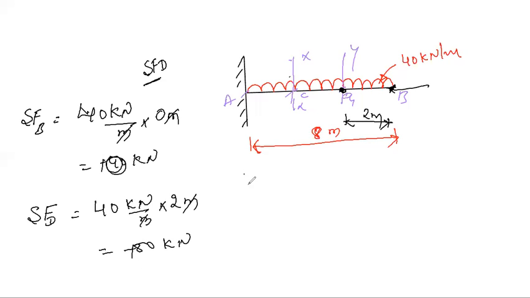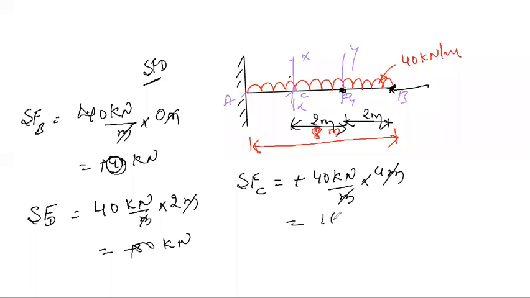Next, shear force at C. Now tell me, shear force at C is 40 kilonewton per meter into the distance, for example, if again it is 2 meter, 4 meter over here, so the meters get cancelled, so this will be 160 kilonewton.